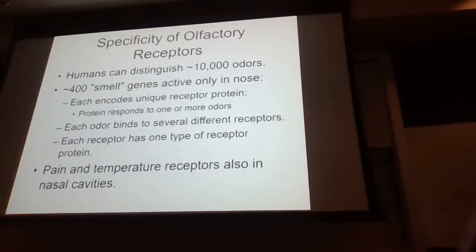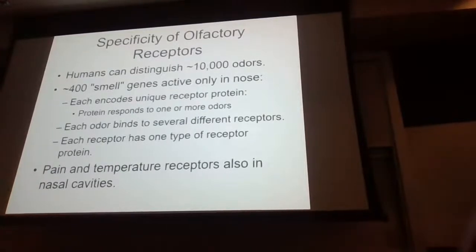And so each unique receptor has a particular protein that's associated with it. So that receptor, because of that protein, can sense that smell. I think it's very cool. Now, when a particular molecule comes in, it'll oftentimes stimulate more than just one receptor. So you have a mixture of different responses that are sent to the brain that it has to interpret.